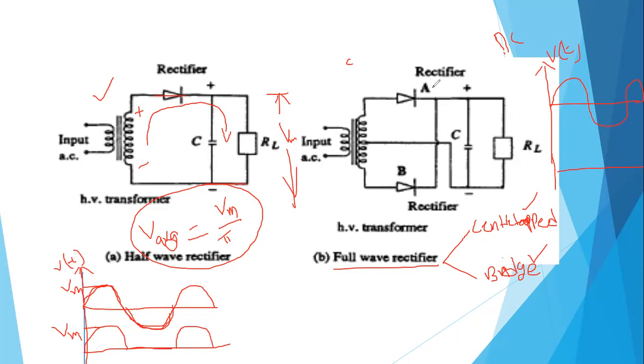D1, let us say rectifier A, will conduct and D2 will not. Let us say this is positive and this is negative, and this is positive and this is negative, because this is a positive half cycle, right? So then the current passes through like this.